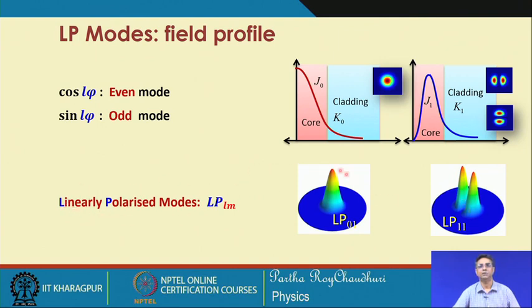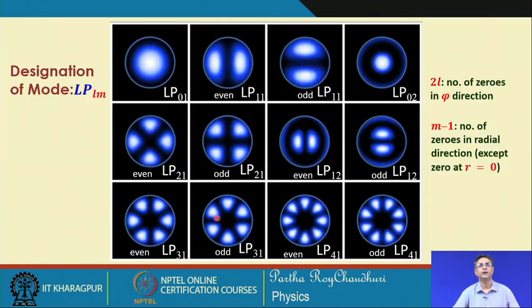These solutions give you polarization which is along one of the fiber's principal axes. These kinds of modes are called linearly polarized modes. We will see this when we go into the details of the polarization of the vector modes.